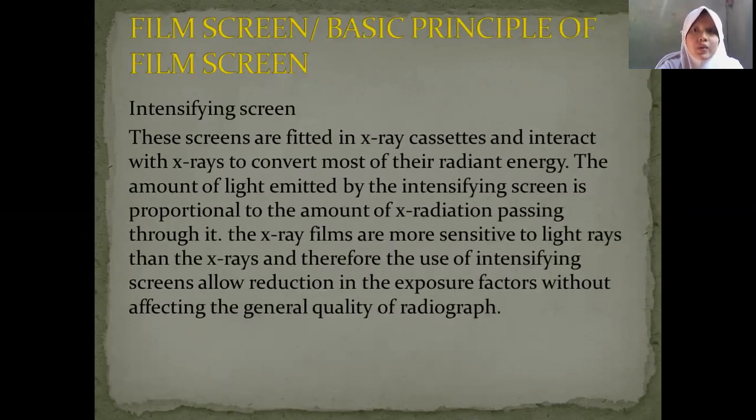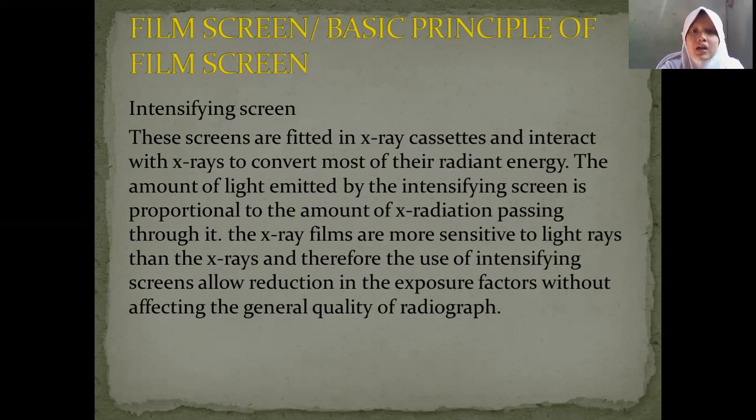Film screen: the basic principle of film screen. In the intensifying screen, the screens fit in the X-ray cassette and interact with X-rays to convert most of their radiant energy to light. The amount of light emitted by the intensifying screen is proportional to the amount of X radiation passing through it.